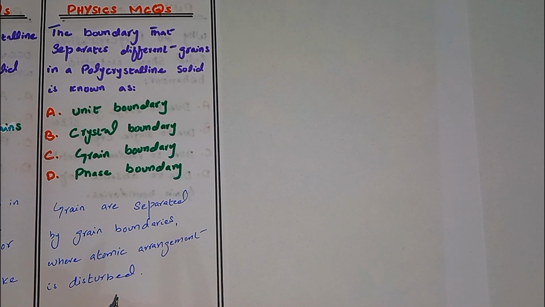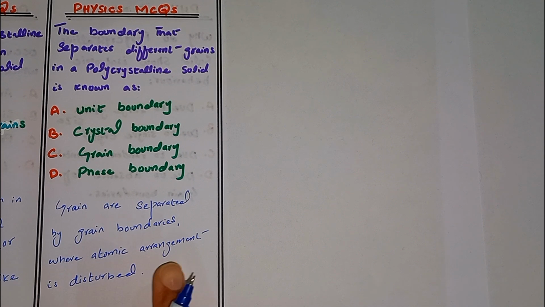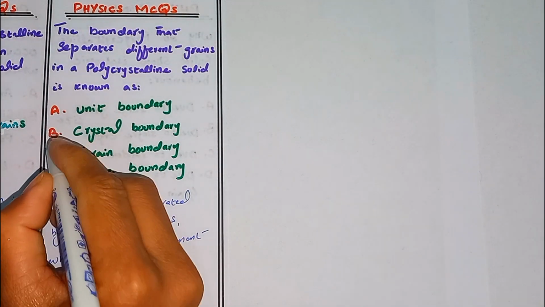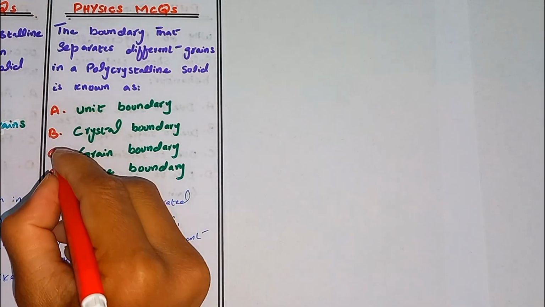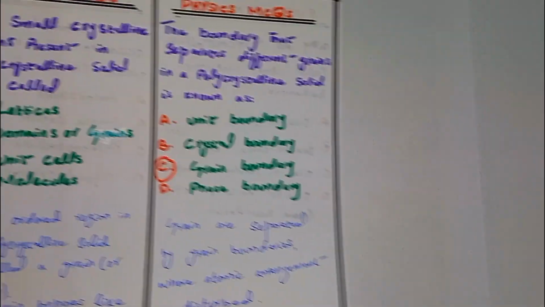In the grain boundary, the atomic arrangement is changed. So the grains are separated by the grain boundaries. So here the correct option is option C, that is the grain boundaries.